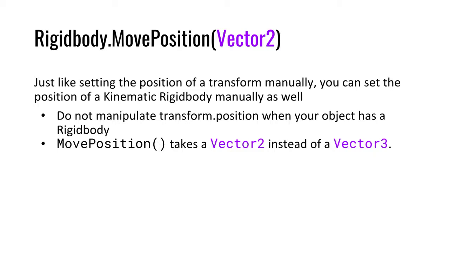Setting the actual transform is going to cause a lot of problems, because the transform doesn't always match up with how the physics engine wants to move an object. So you might get colliders that are misaligned and all this other stuff. So if you have a rigid body, stay away from transform and use only physics functions.